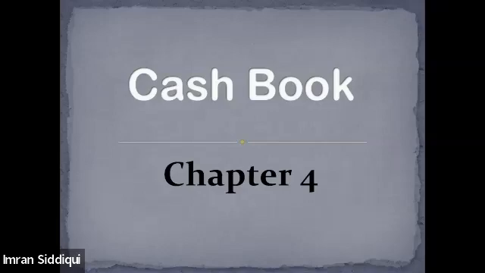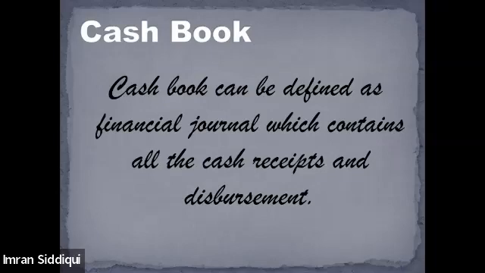So let's continue. Let's talk about the cash book. First of all, we'll start with the meaning of the cash book. I'm sure all of you are able to recall the meaning. At the time of covering the chapter, I explained that cash book is basically a financial journal wherein we record the cash related transactions.